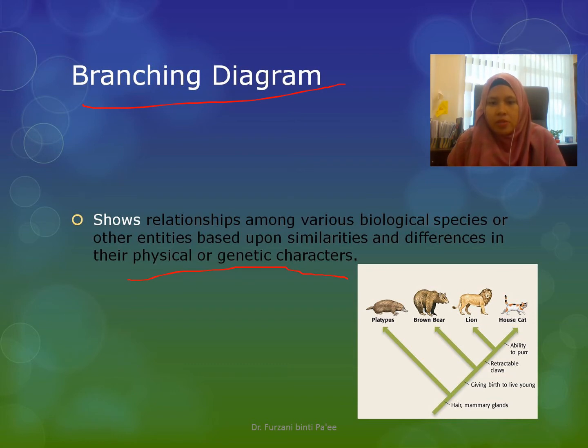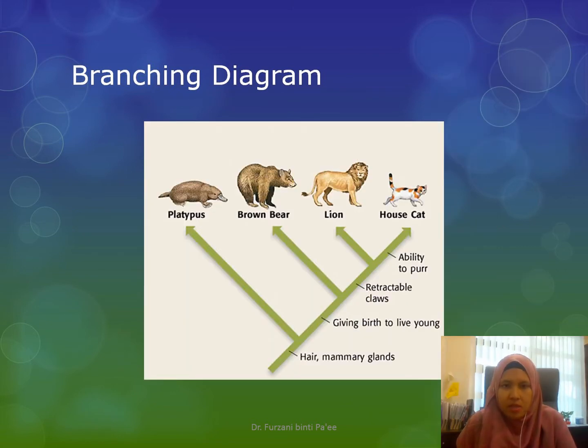Let's look at this diagram. Basically, it shows us the classification of animals based on the characteristics identified here. For example, everything on this line must have hair and mammary glands.